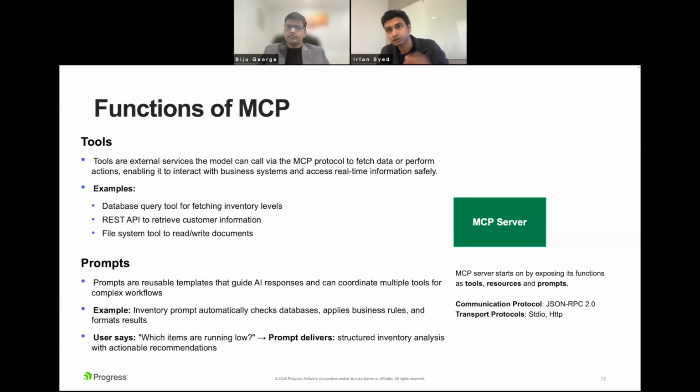Then come prompts. Tools do a specific job of executing a specific functionality, but they are small in scope. They do a specific task, execute something, and return the response. Whereas prompts are reusable templates that can guide AI responses and coordinate multiple tools for complex workflows. For example, if you would like to do a product recommendation, you would like to go through N steps.